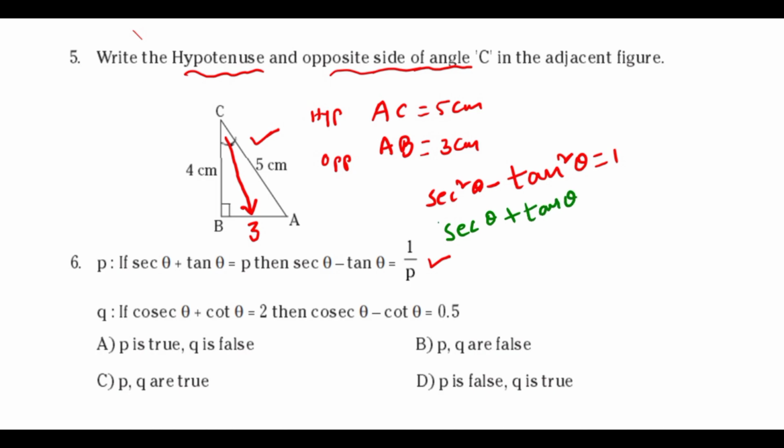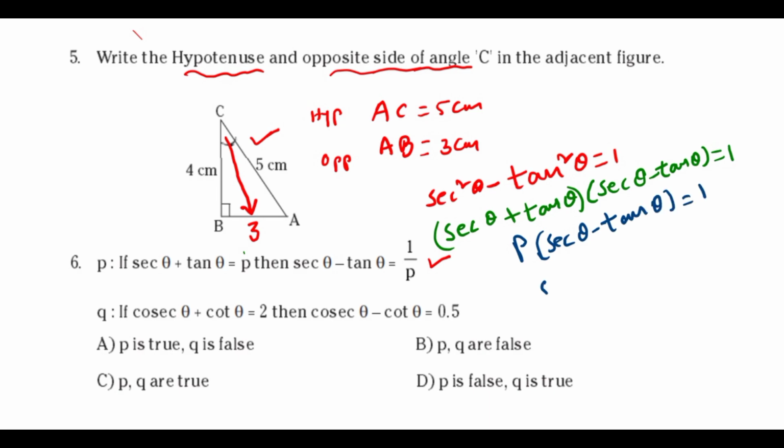That is secant theta plus tan theta, into secant theta minus tan theta, equal to 1. So here secant theta plus tan theta they already gave as P. So if you take P here, and we have secant theta plus tan theta times secant theta minus tan theta equal to 1, then what is secant theta minus tan theta here? So secant theta minus tan theta equals 1 by P. So this statement is true.